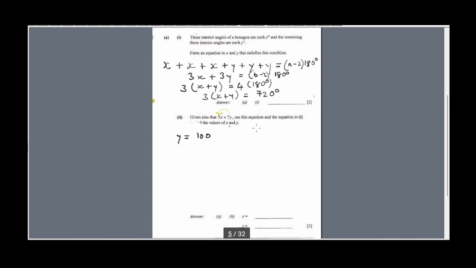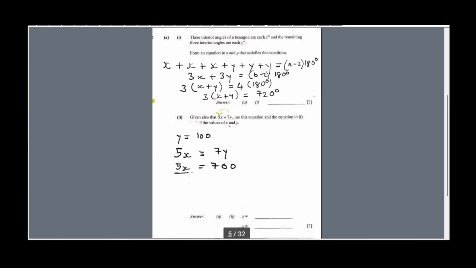So, for simplicity's sake, let us choose the second equation. 5x is equal to 7y. So 5x is equal to 7, we replace y with 100. Since 7y means 7 times y, it's now 7 times 100 to give us 700.